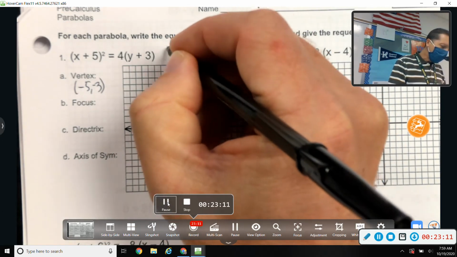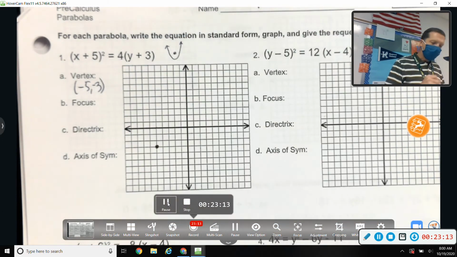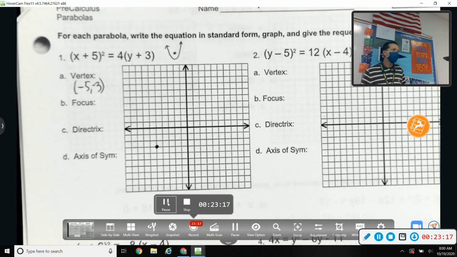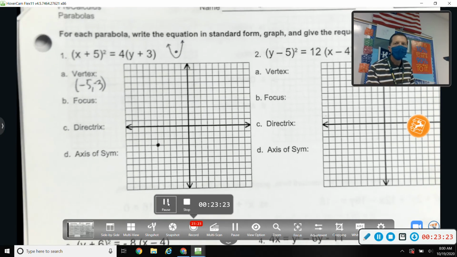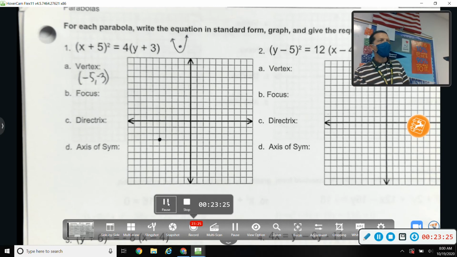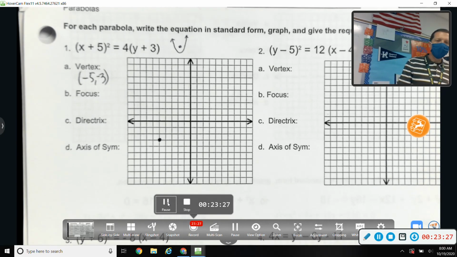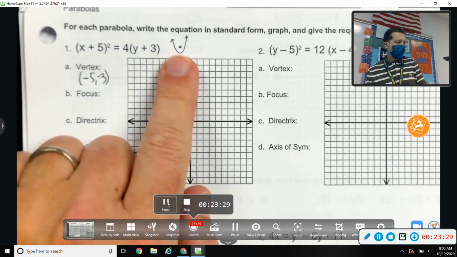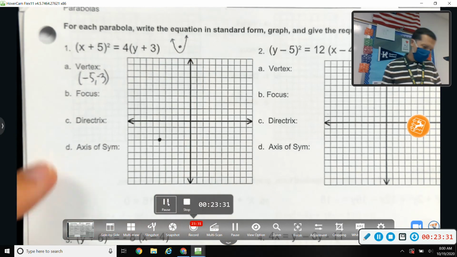So I know when I get through, my parabola better look like that. Again, I think this is a good practice to get into. It helps you not get lost in the details of a problem and end up graphing a hyperbola or a backwards parabola or something crazy. I know my picture better look like that.